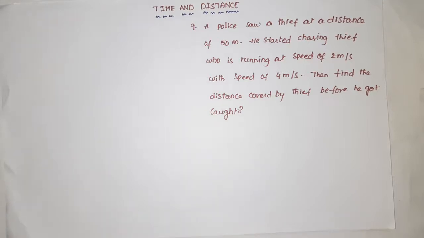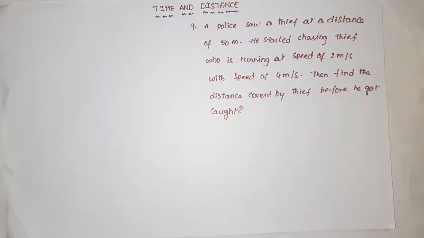Then find the distance covered by the thief before he got caught. So the police started chasing the thief at 4 meters per second, and he got the thief. The speed of the thief is given, that is 2 meters per second. The entire thing happened in a particular interval of time.